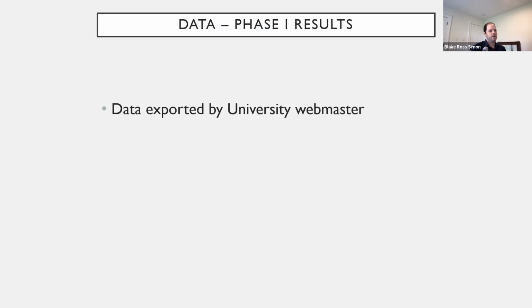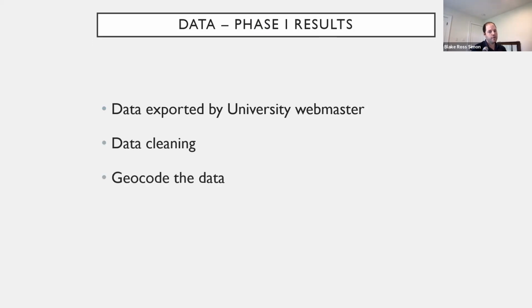And the data that was originally exported was in a MySQL database inside Drupal, and the webmaster exported it in an Excel format. And there are 8,847 rows and 25 fields in the export. I performed data cleaning on the exported data.